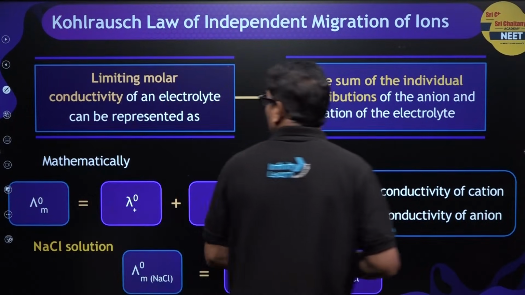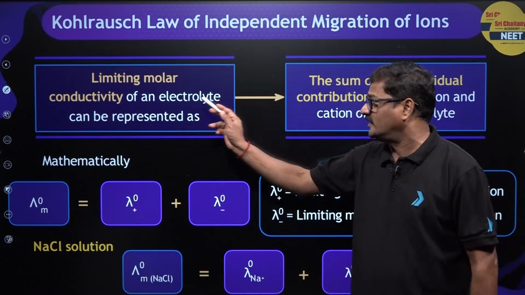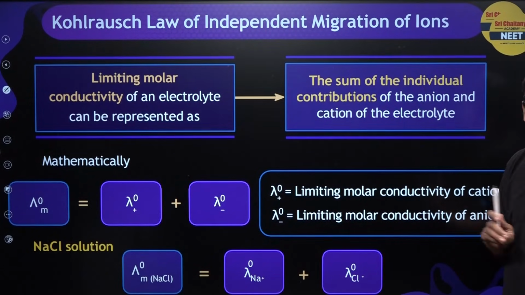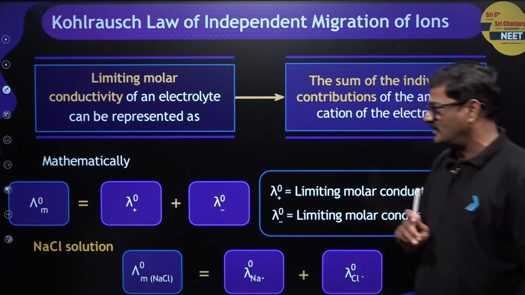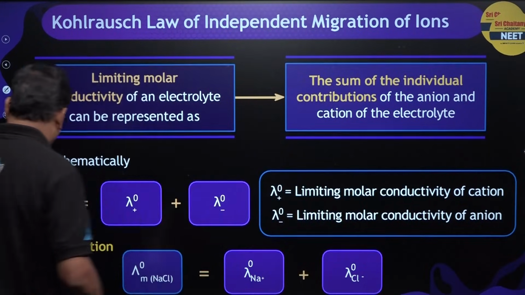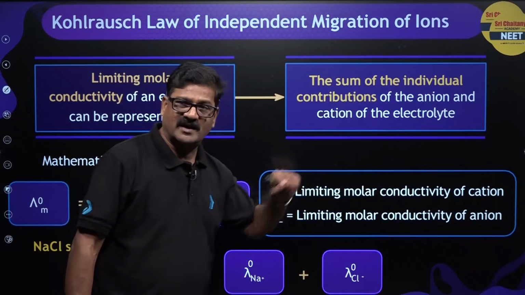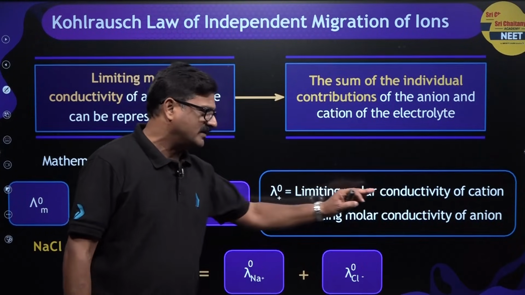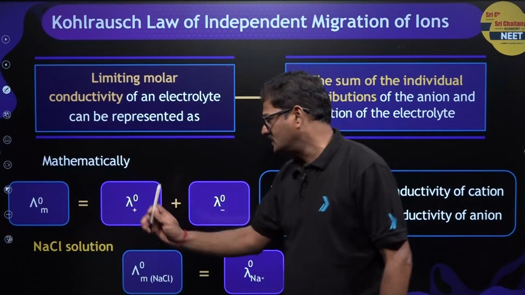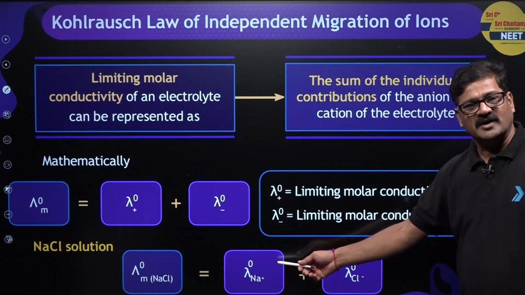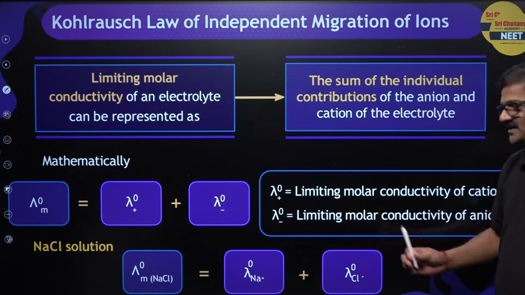So you can say the limiting molar conductivity of an electrolyte can be represented as the sum of the individual contributions. As an example, mathematically, molar conductance is equal to the limiting molar conductivity of the cation plus the limiting molar conductivity of the anion. If you take NaCl, or let it be KCl, it is going to be the ionic mobility of sodium plus the ionic mobility of Cl minus.